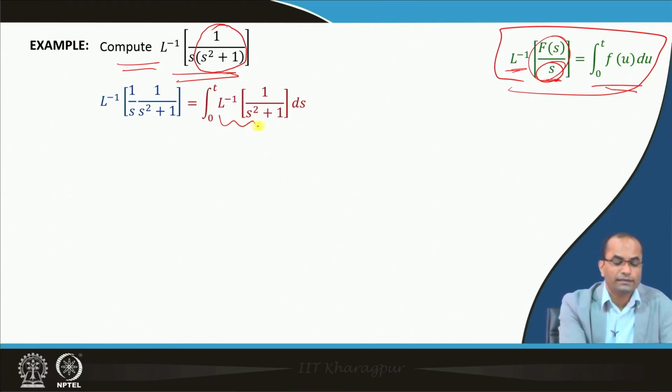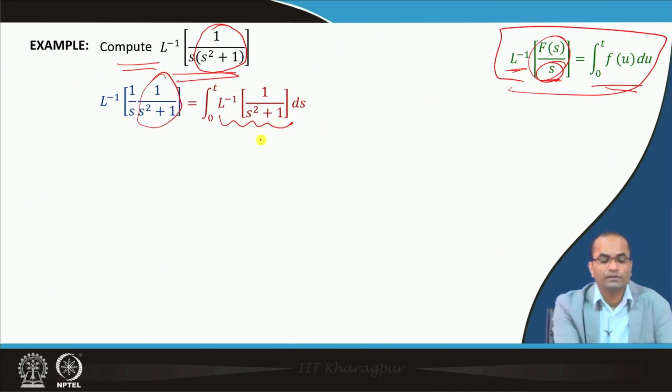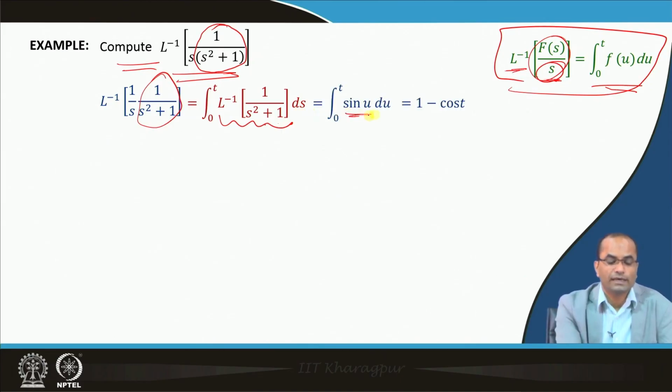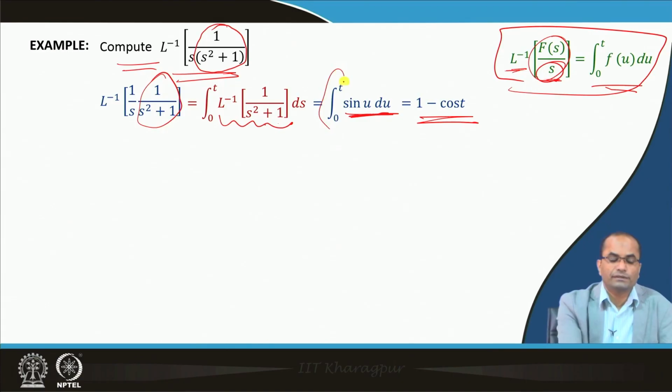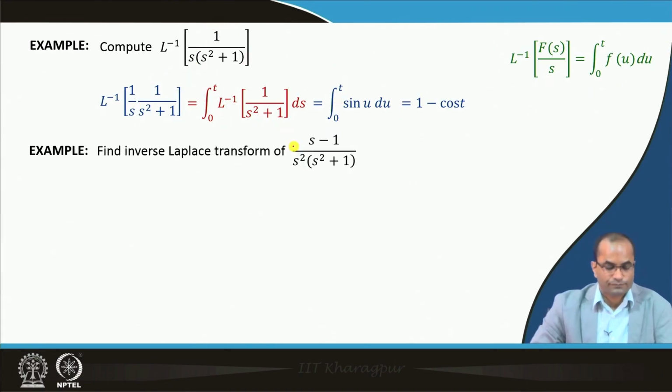So, here we need L inverse of 1 over s square plus 1, which we know is a sine function. So, we have sin u du, which we have to integrate now, and that will give 1 minus cos t, because we have integrated from 0 to t.